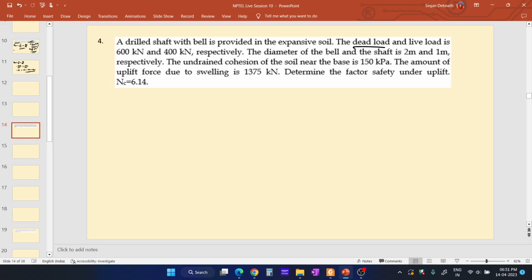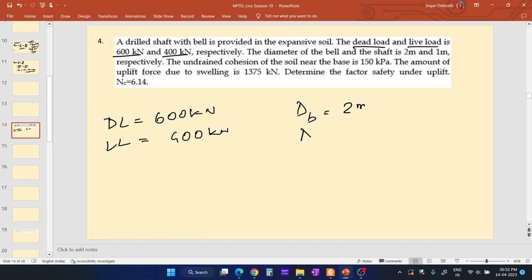The dead load DL is 600 kilonewton and live load is 400 kilonewton. The diameter of the bell is 2 meter, and diameter of the shaft is 1 meter. Underlying cohesion of the soil near the base is 150 kPa.